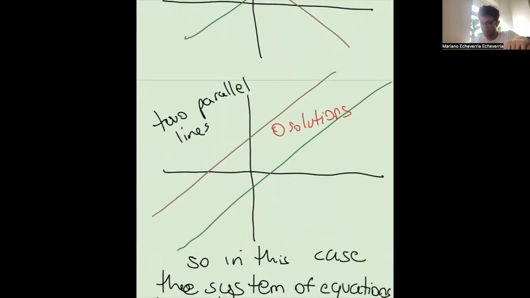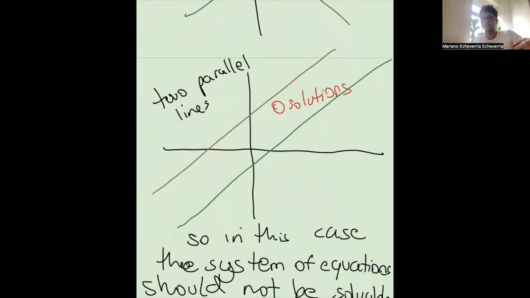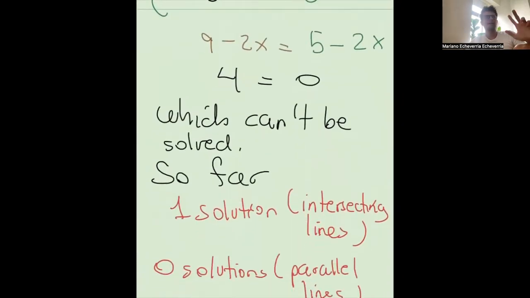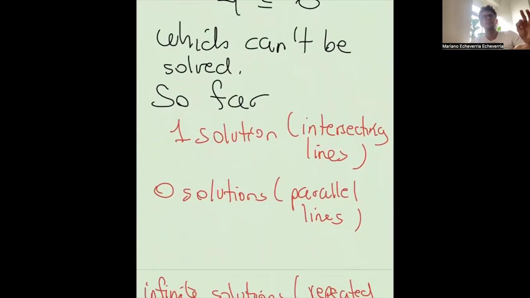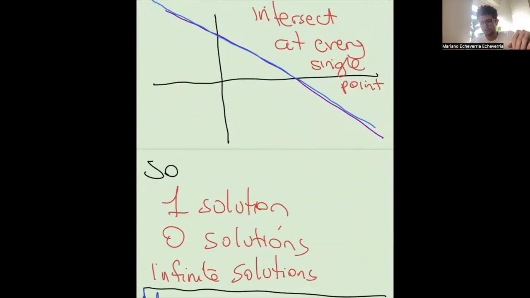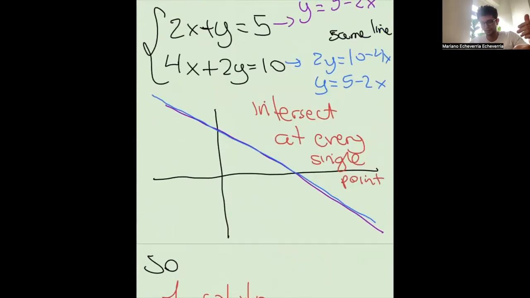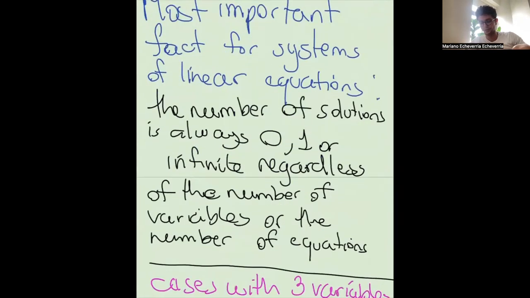You could also have zero solutions, which in the case of lines means that the lines were parallel, so they never intersect. Or you can have something slightly more silly, which is infinite solutions, because the two lines were actually the same, so the lines always intersect. So this 1, 0 or infinity business keeps happening, and that's what's interesting about systems of equations.